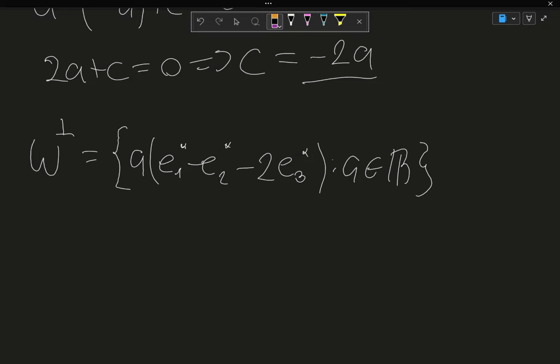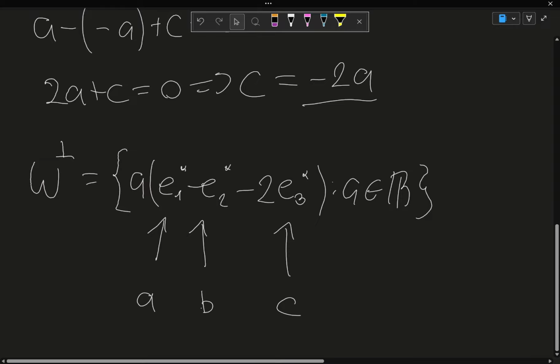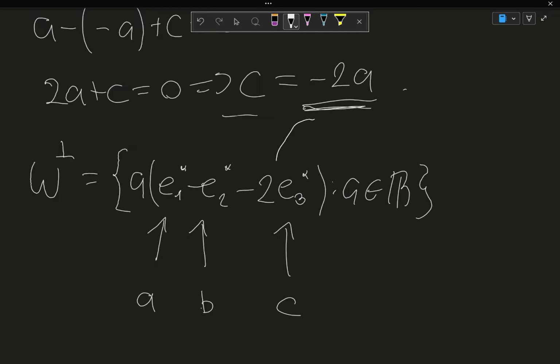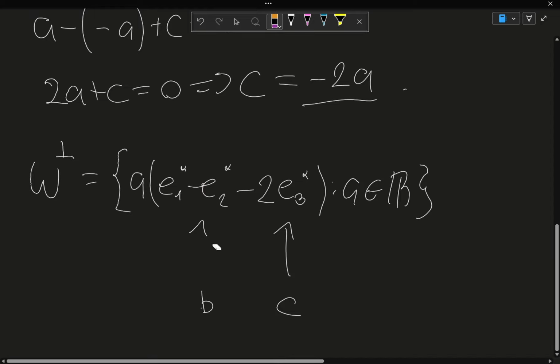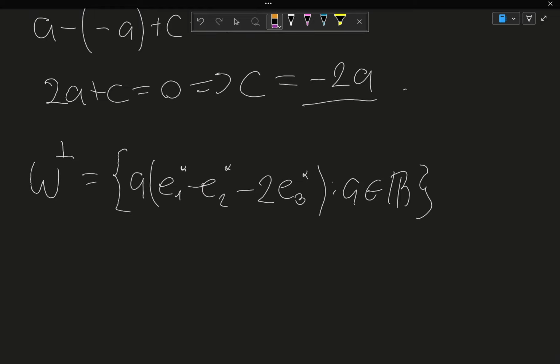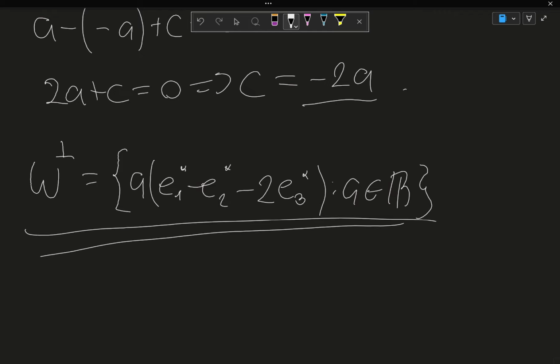We said that e1 is A, e2 is B, and e3 is C. We know that C is -2A, so we just plug in -2A for this part right here. We know that B is -A, so we just plug in minus the standard vector. And that's all we have to do. So this right here would be the solution to our problem.